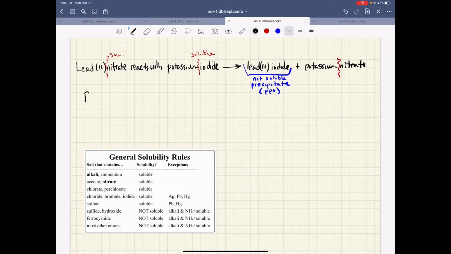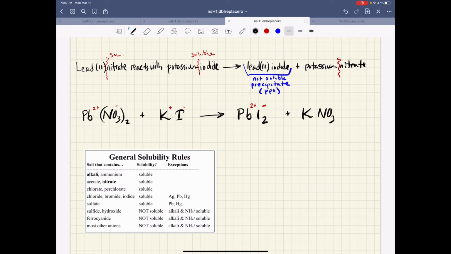So we would write Pb with its 2+ charge, and nitrate, NO3, 2 of them, because nitrate carries a 1- charge, and that reacts with potassium iodide, each carrying a +1 and a -1, forming lead 2 iodide, lead with a 2+ charge, iodide with a 1-, and potassium nitrate, each of those carrying a +1, -1 charge.